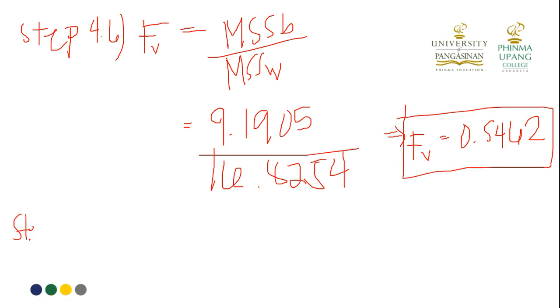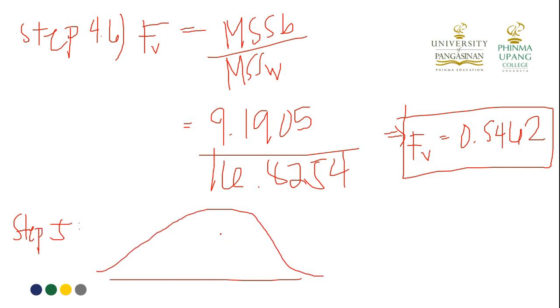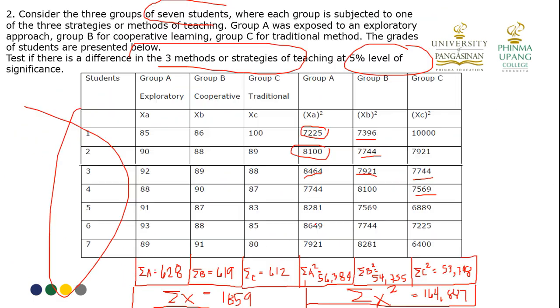Next, dun tayo sa step 5. Ilan yung critical value natin? 3.55, no? Okay. Nandito yung 3.55 ng ating critical value.